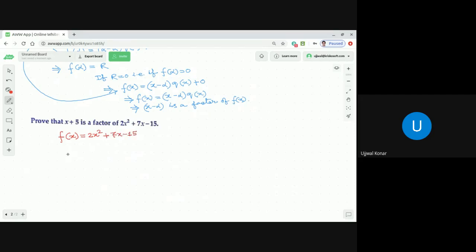Now, what is the alpha here? We are dividing by x plus 5. Minus 5. Very good. So x plus 5, always you need to express in terms of minus. So x minus of minus 5.